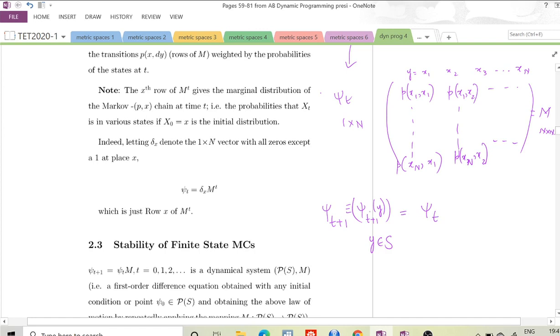I can collect all the probabilities for all the different y's, write that as a 1 by n matrix, right? And by the total probabilities argument, that's just going to be equal to the probabilities of the different states yesterday times the conditional probabilities that I get from the transition matrix, right?